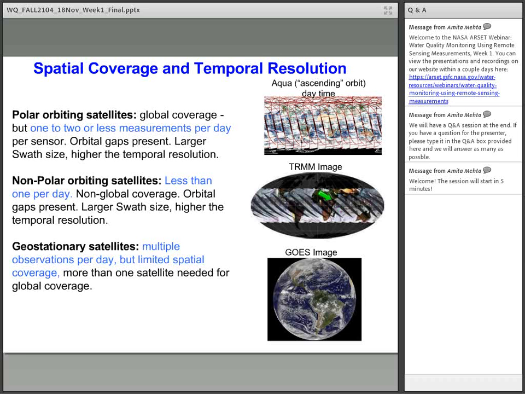A geostationary satellite can provide multiple observations per day, but it observes only 1/3 of the globe at any one time, so there is no global coverage. Depending on the regional applications, data can be chosen from satellites. Right now, there are satellites in all 3 orbits from NASA and NOAA.